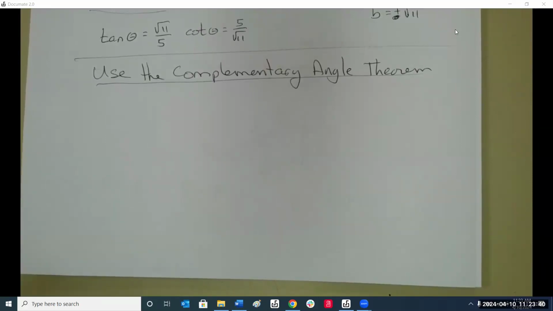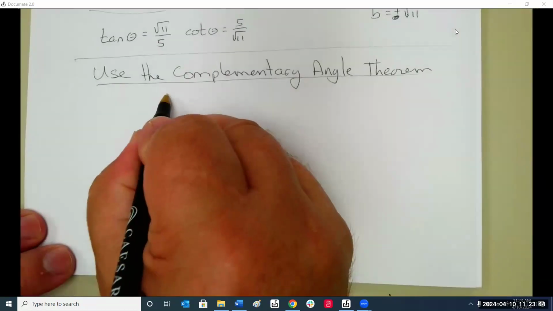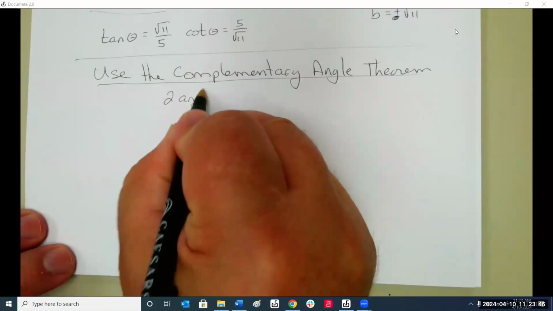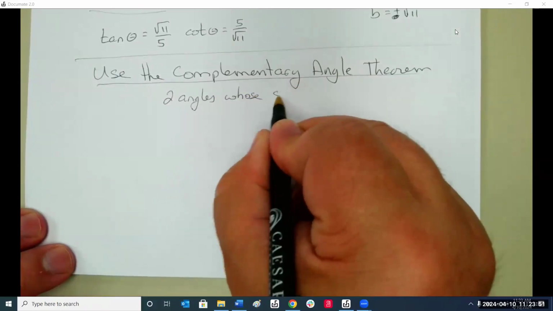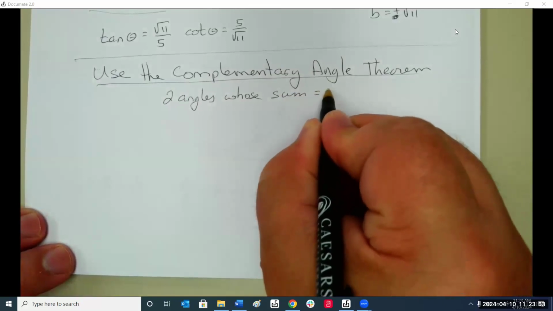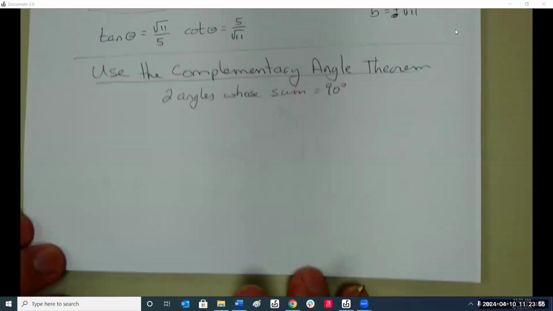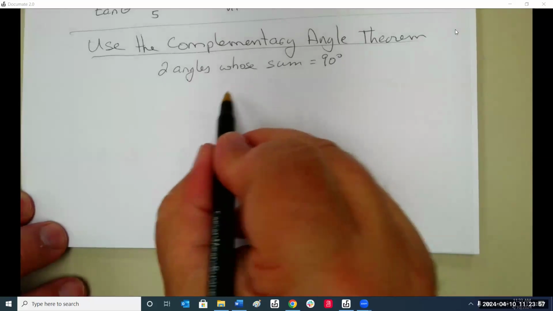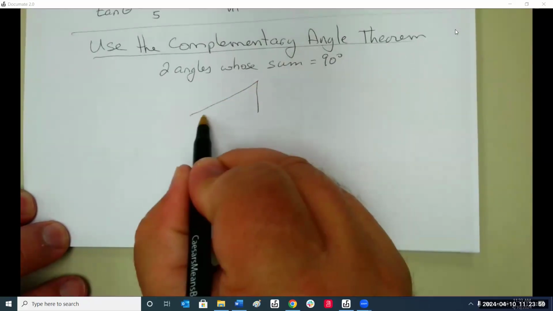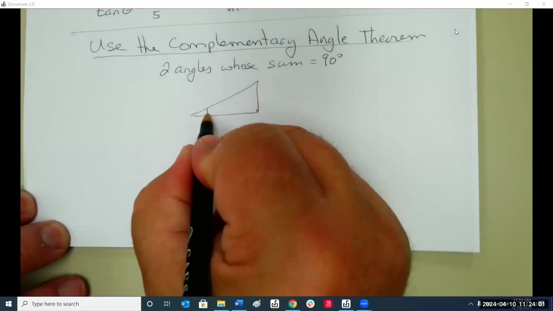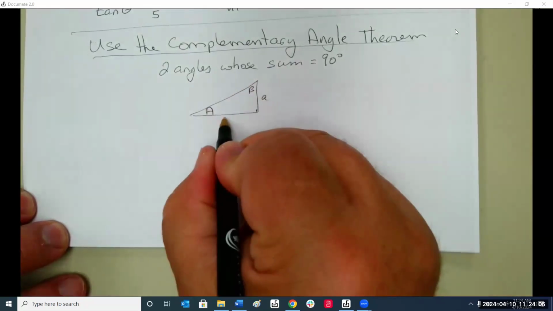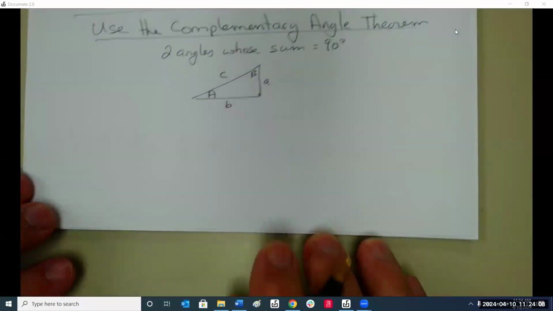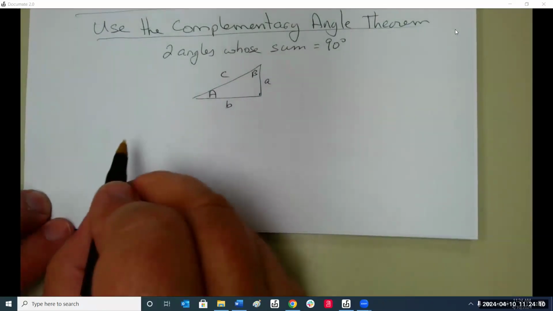Two angles that equal 90 degrees, whose sum is 90 degrees. So we'll call this one A, we'll call this angle B. Let's look at this.